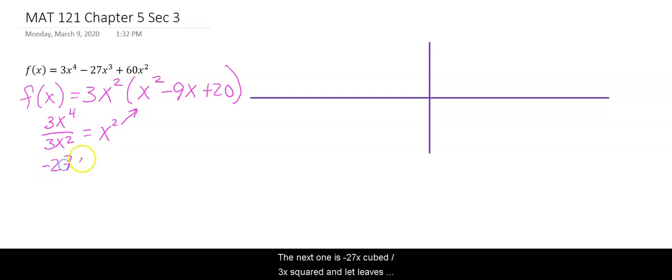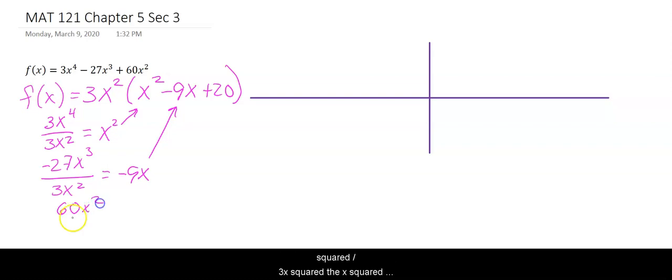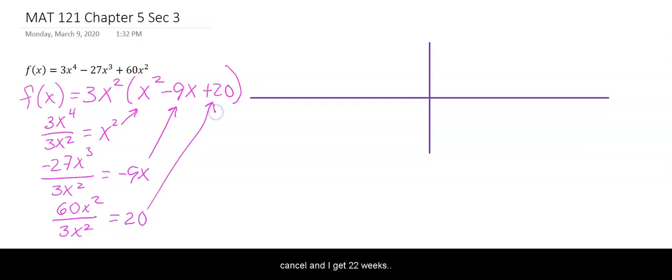So the next one is negative 27x cubed divided by 3x squared, and that leaves behind a negative 9x. And then the final one is 60x squared divided by 3x squared. The x squareds cancel, and I get 20, which leaves that behind.